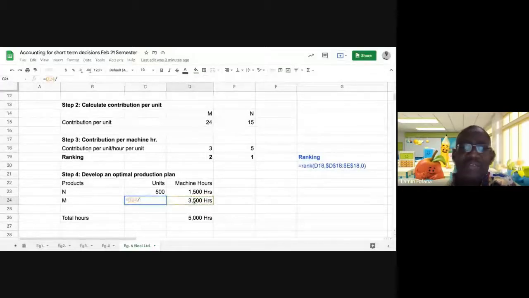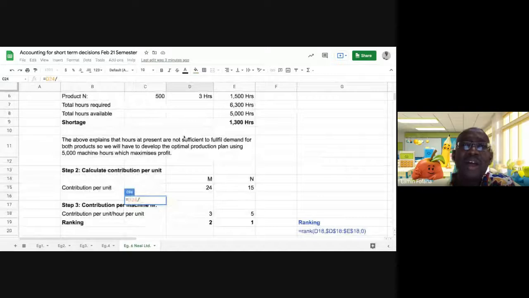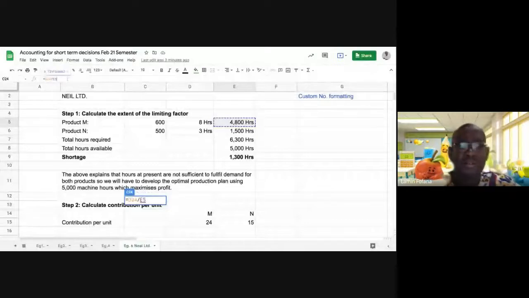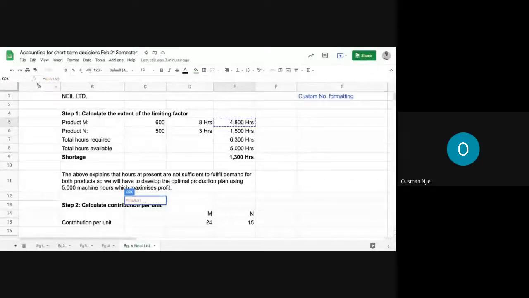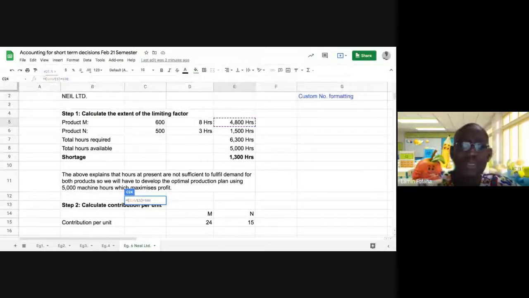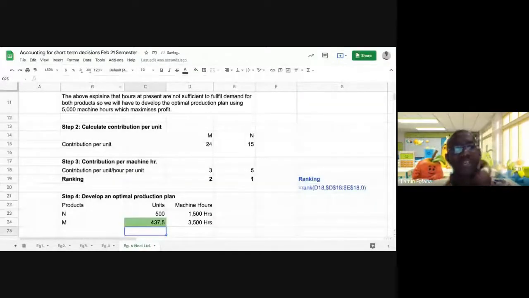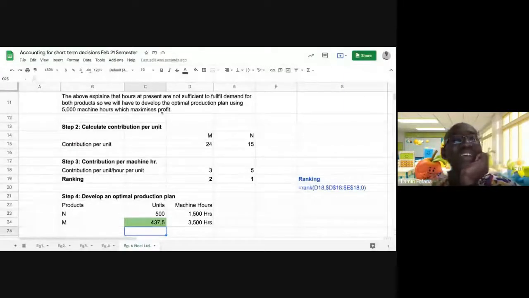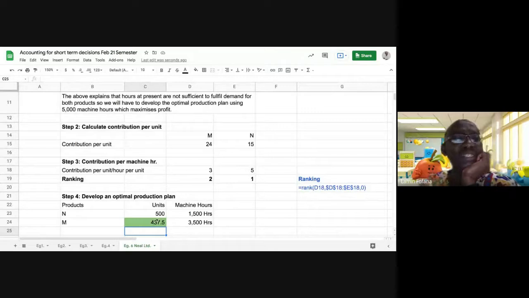This divided by 4,800, multiplied by 600. Okay, so that gave you 437.5. Yes, so who else has got a different answer?